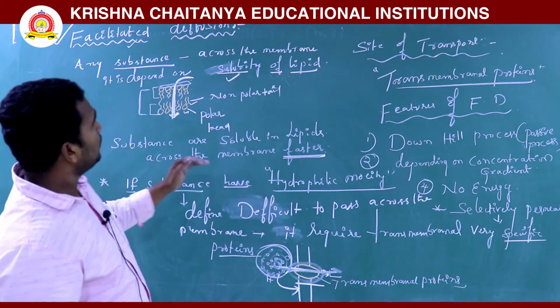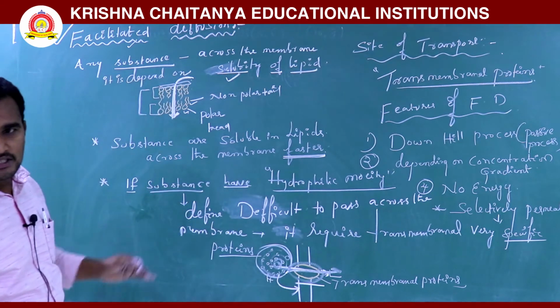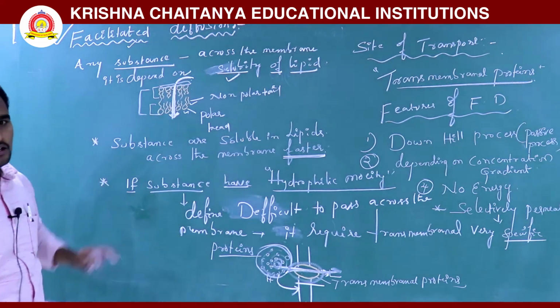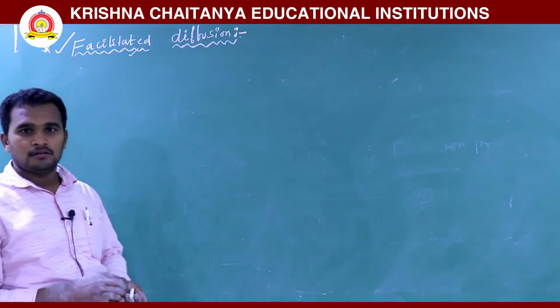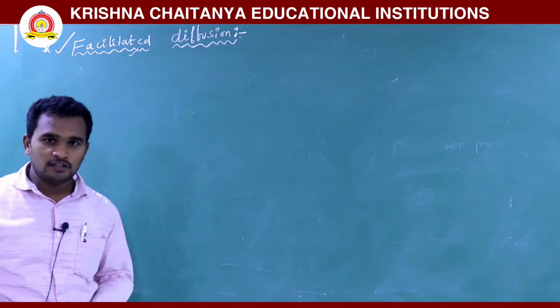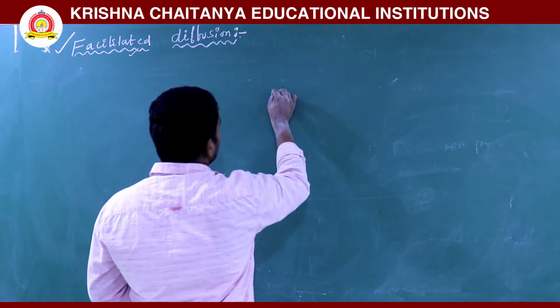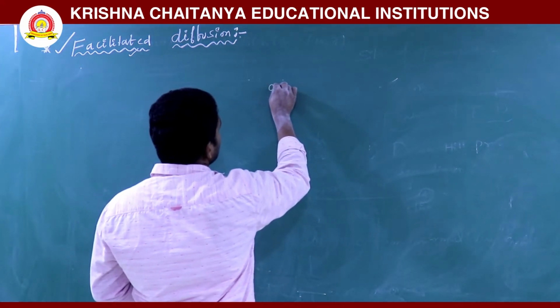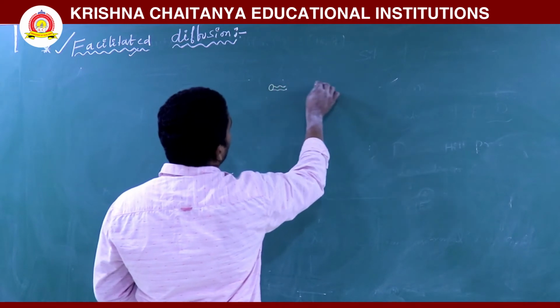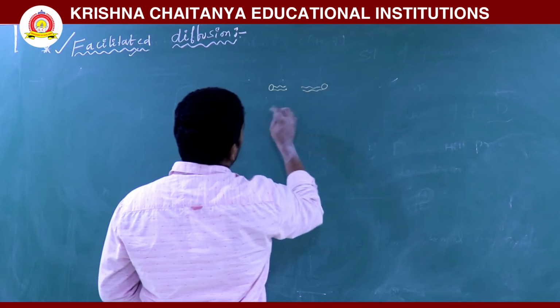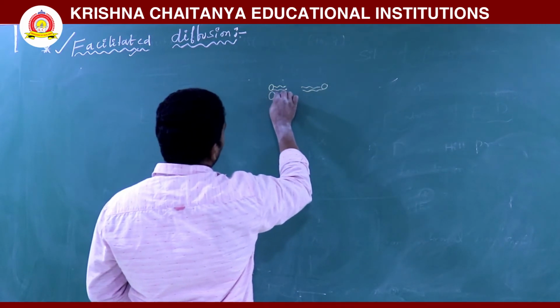Next, in continuation, we will discuss facilitated diffusion. See here, we will draw and explain. This is the membrane, the plasma membrane or cell membrane or biomembrane.